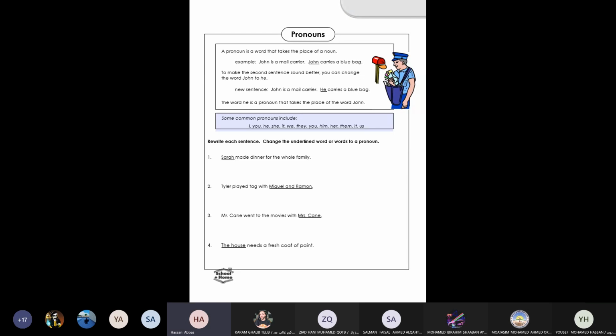Muhammad Ibrahim, read the head of the question, then do number 1. Okay, rewrite each sentence. Change the underlined word or words to a pronoun. So read the pronouns in the box. Yes. I, you, he, she, it, we, they, you, him, her, it, and us.